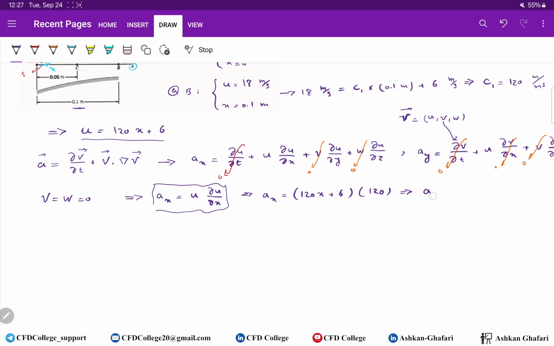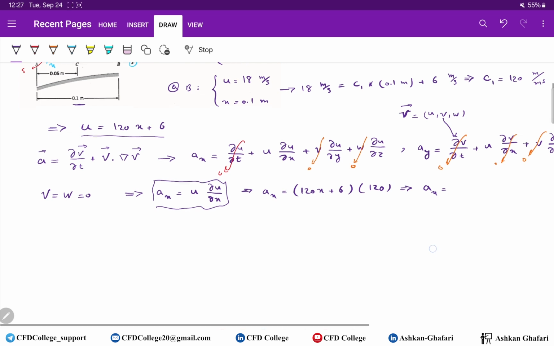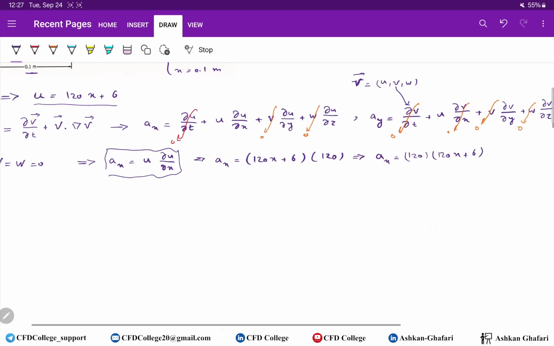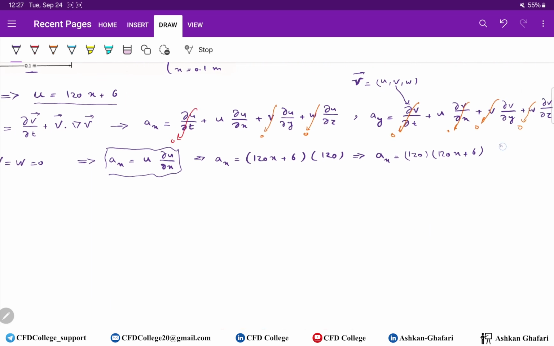So ax equals 120 times 120x plus 6, and the unit is meters per second square.